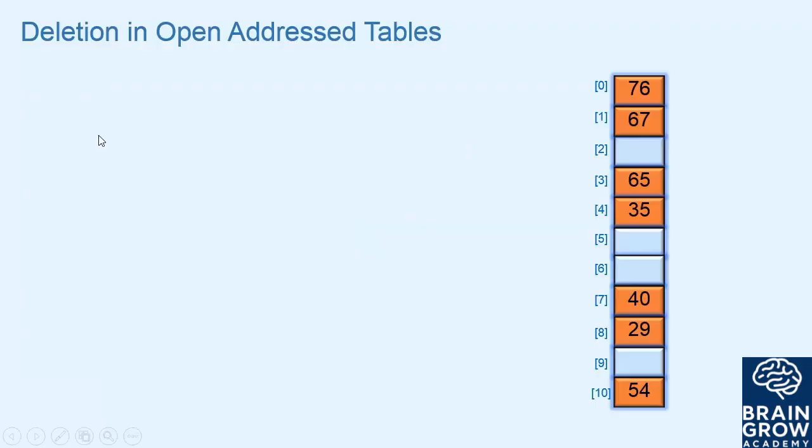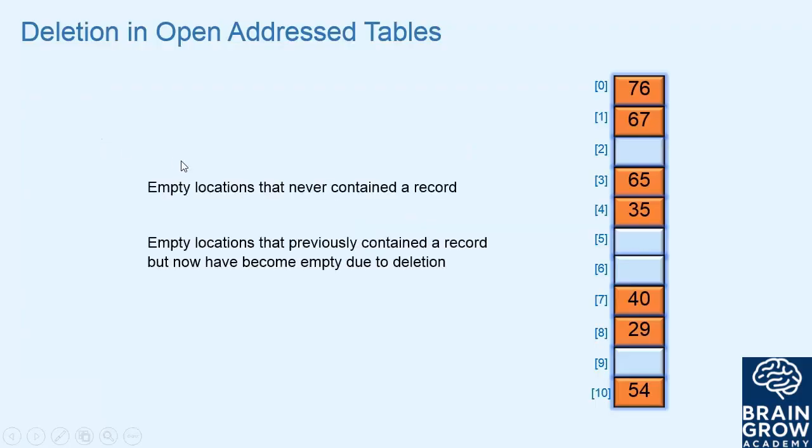Now let's see what we can do to solve this problem. We'll need to differentiate between empty locations that never contained a record and empty locations that previously contained a record but now have become empty due to deletion. We can do this by maintaining a status flag, and that status can take any of these three values: occupied, empty or deleted.